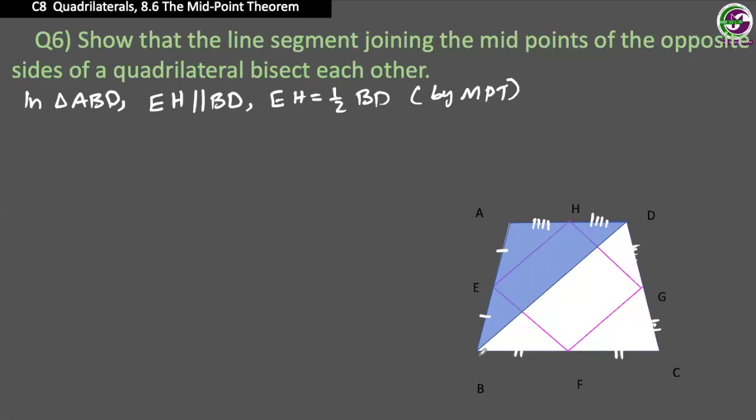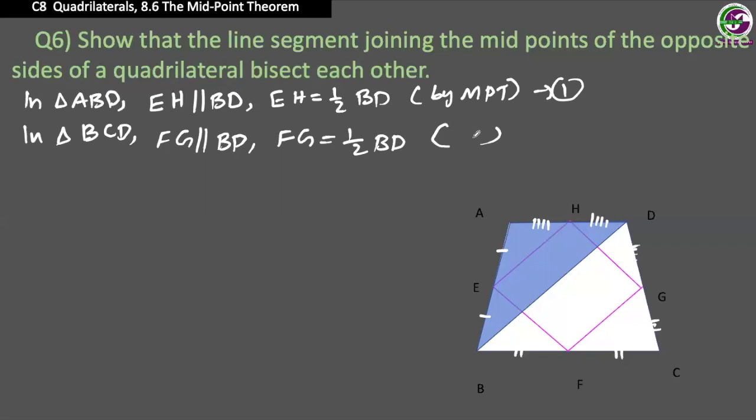Again, from the triangle BCD, we find that FG is parallel to BD and FG is half of BD. Let's consider this is condition 1 and this is condition 2.